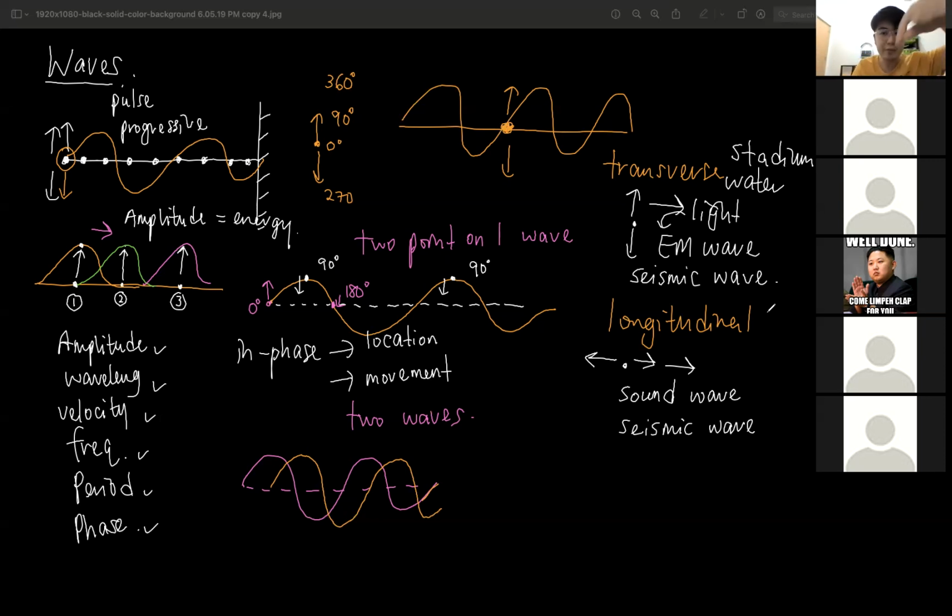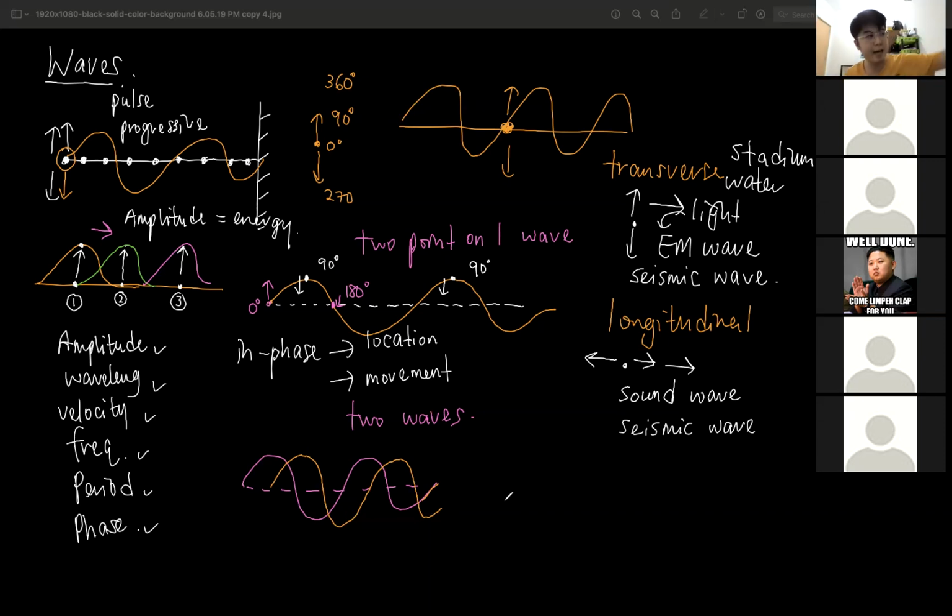Is the person from the front seat moving to the back? No, they're just standing up and down. Then you see a wave moving. So the wave is traveling, but the particle is in the same position. It's not moving. So no transfer of matter, only transfer of energy.